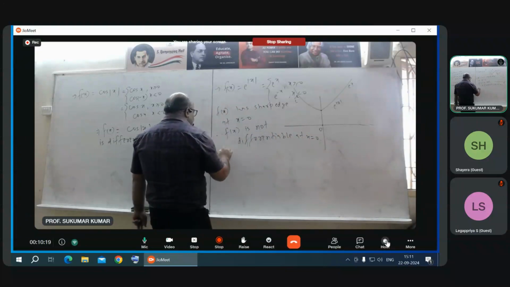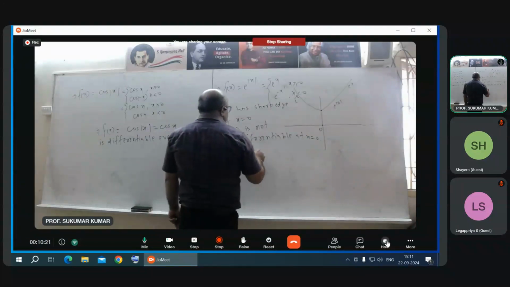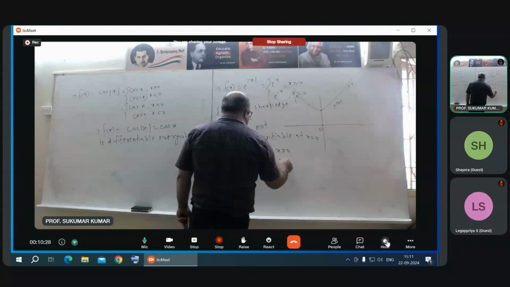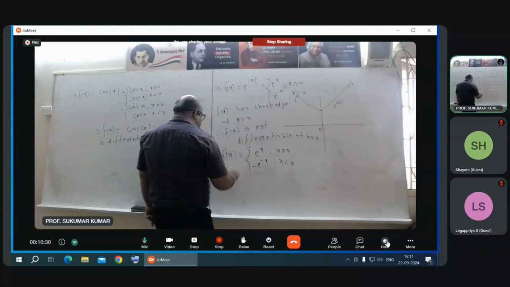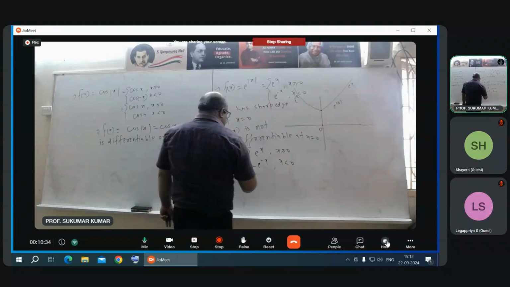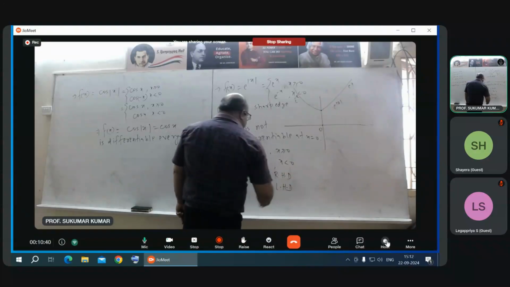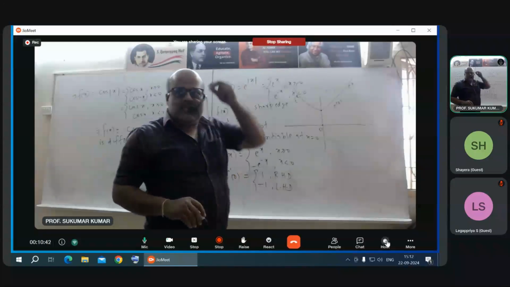If we go by the derivative method, f dash x directly, then e power x will be e power x and e power minus x will be minus e power x. So f dash 0 will come 1 and minus 1, RHD, LHD. So we can tell LHD, RHD exist now.